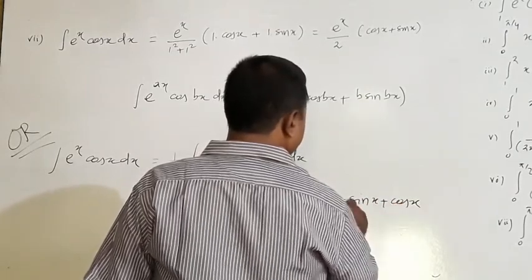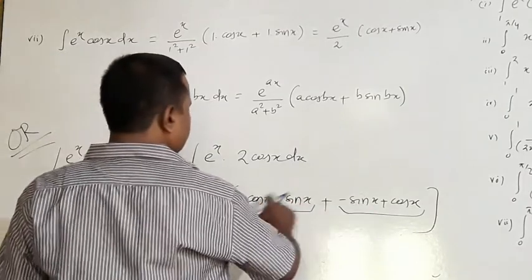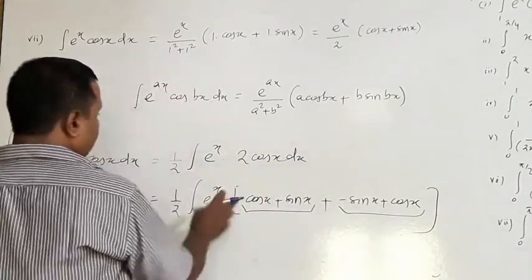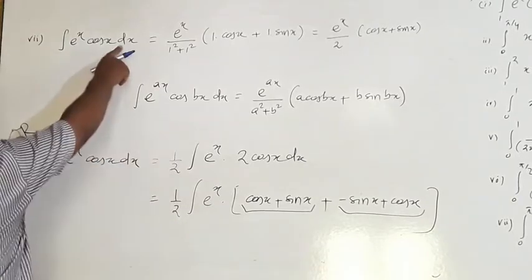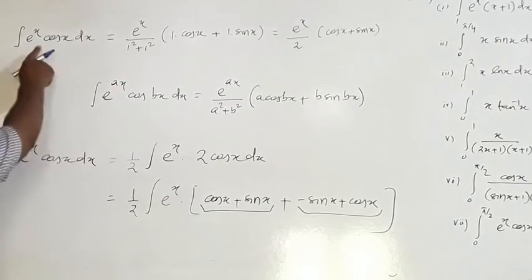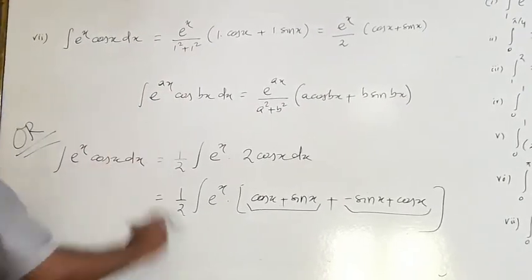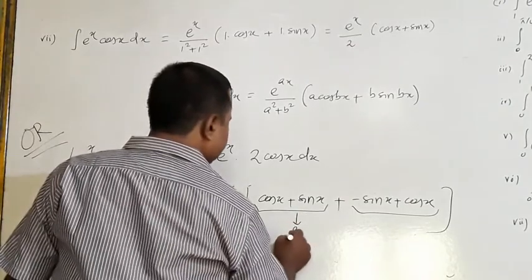That is the only trick. Look here, the sin x terms cancel. 2 cos x is coming only for cos x. If the problem is cos 3x, like e to the power 2x cos 3x, then you should go to the formula method.